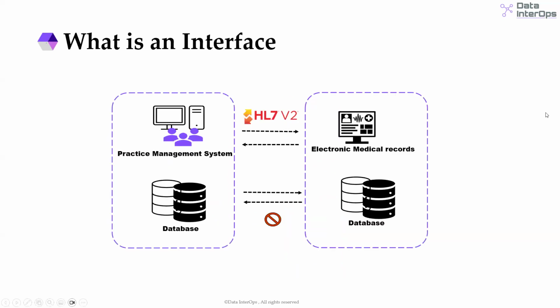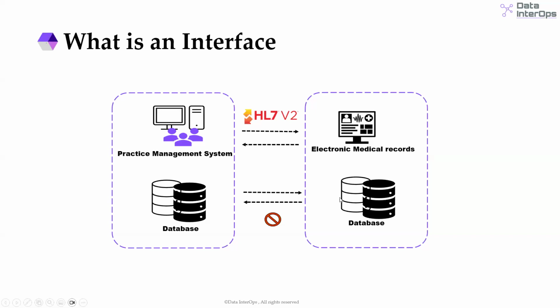Now, what is an interface? When we talk about an interface, an interface is nothing but a bridge between two different applications. And it doesn't matter what database the design is in. So the practice management system will have its own application and its own database, right?